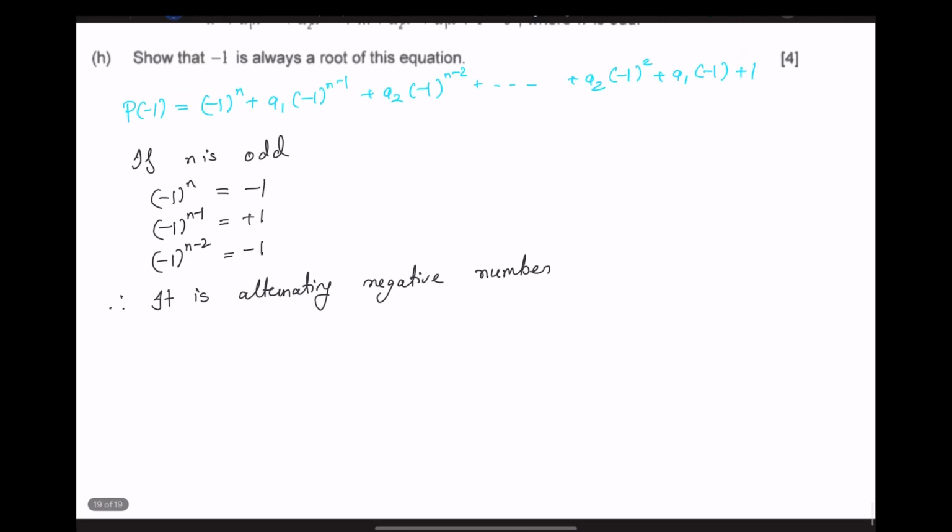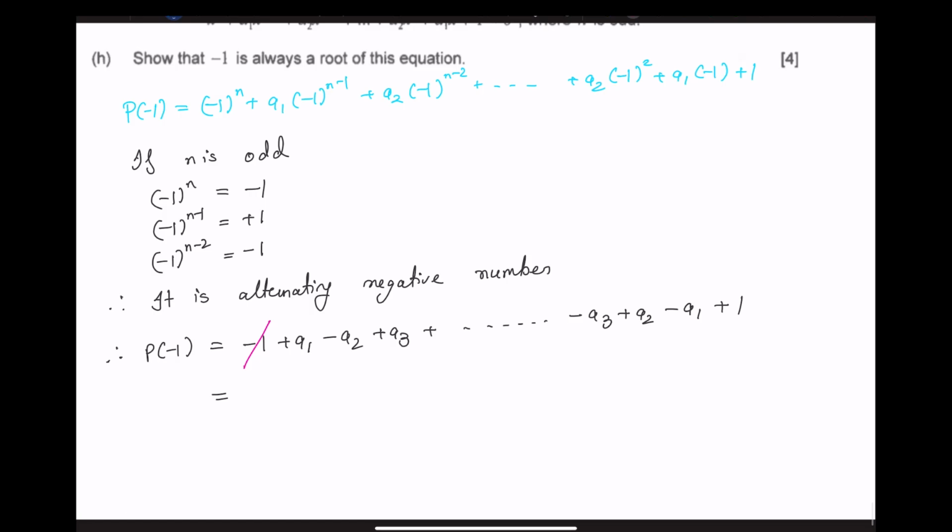So basically, if I plug in p of negative 1, I just simplify this. So minus 1 plus a1 minus a2 plus a3. Okay. Then at the end, you'll have minus a3 plus a2 minus a1 plus 1. If you check here, all the terms basically cancel out. Minus 1 plus 1 cancels out. Plus a1 minus a1, a2 minus a2, a3 minus a3.